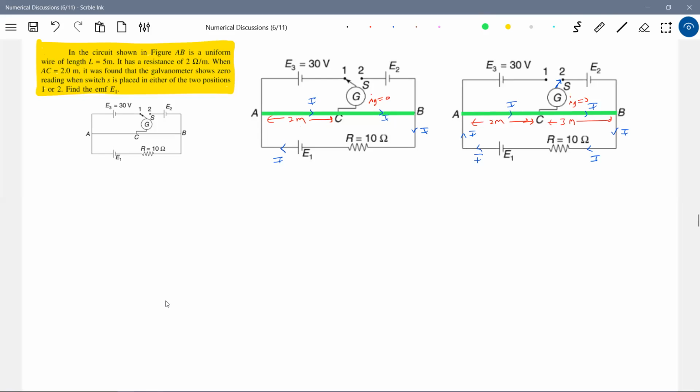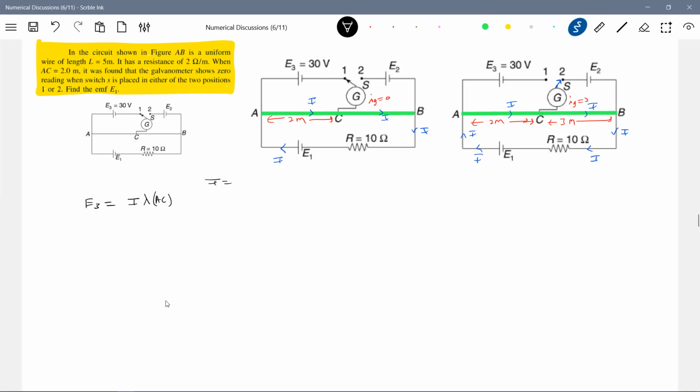Yes, it is asking to get the value of E1. Let's see what all we can do with this one. So E3 should be equal to I into lambda into 2 meter, AC.